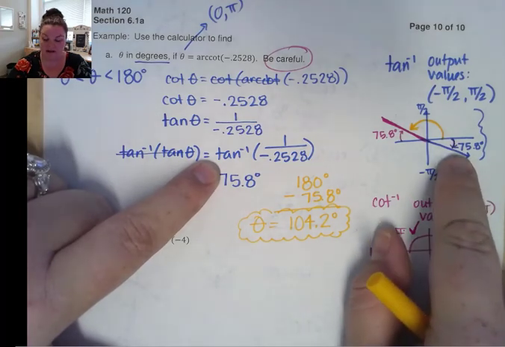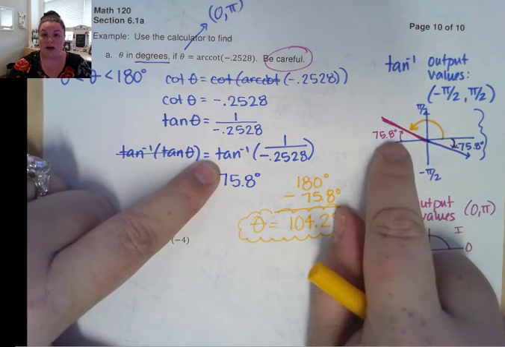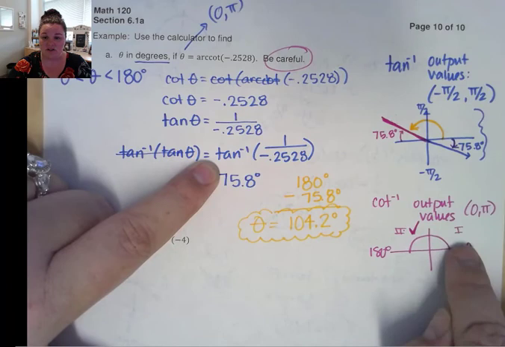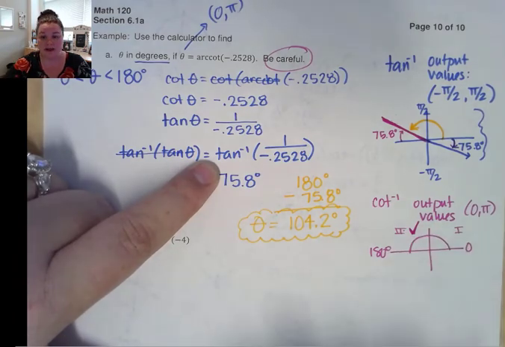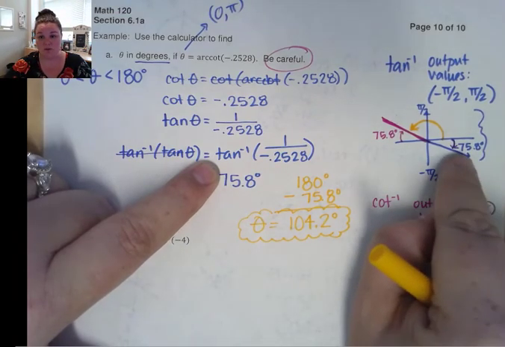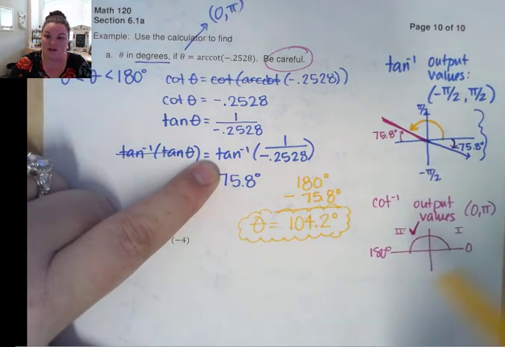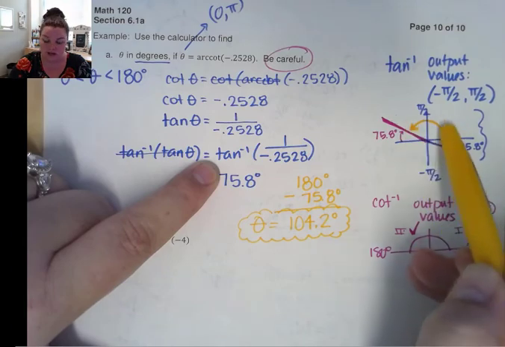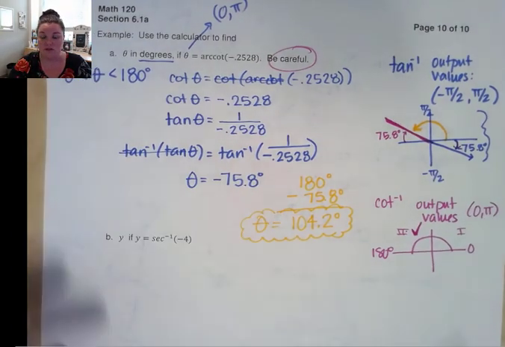So the answer we get for tangent, we just simply need to find a corresponding reference angle that would have the same tangent value within the quadrants that are allowed as output values for our cotangent function. Here it had to lie in quadrant 1 or 2 to be between 0 and 180. So we went ahead and found a reference triangle with the same measure in quadrant 2. And then all we had to do is calculate the measure of that angle in quadrant 2.